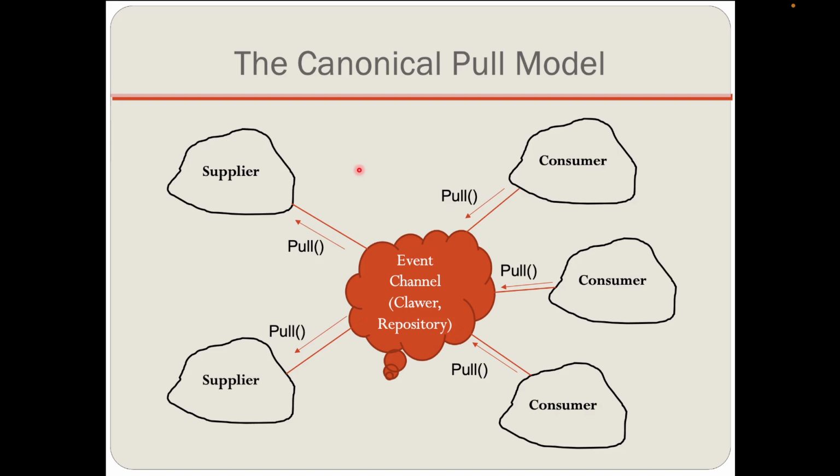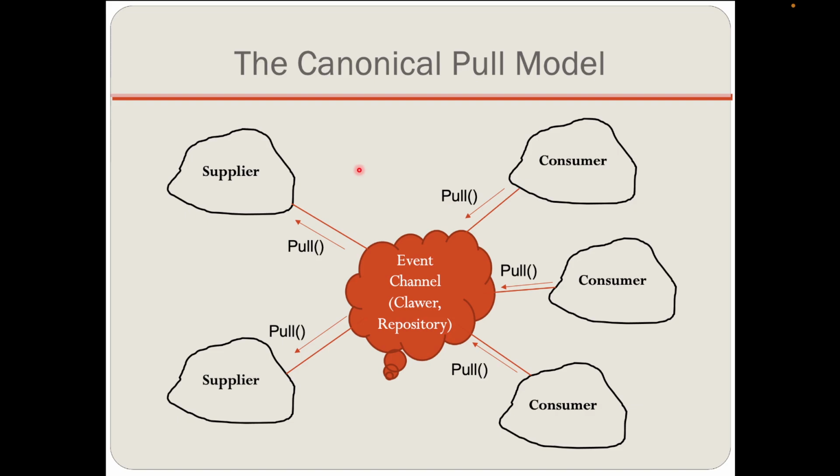The consumer subscribes, and the event channel, or middleware, gets the information from the publisher and stores it in its repository. Then it may generate a notification to notify those consumers.